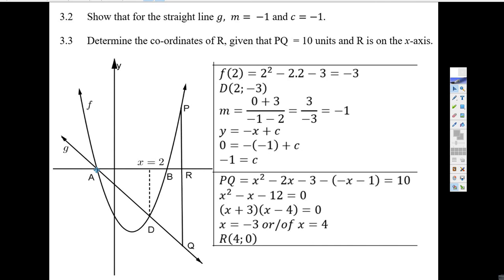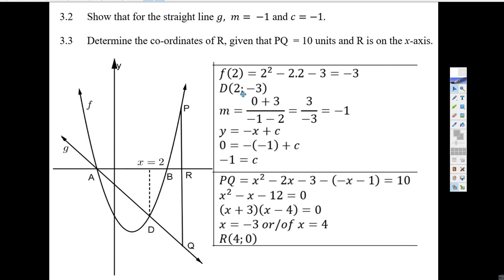I know that A is (minus 1, 0), but all I have to do is put 2 into the function. So you go 2 squared, because it's x squared minus 2 times 2 minus 3. You get minus 3. When you put 2 into the parabola, you get minus 3. Well, now we've got a point (minus 1, 0) and a point (2, minus 3).